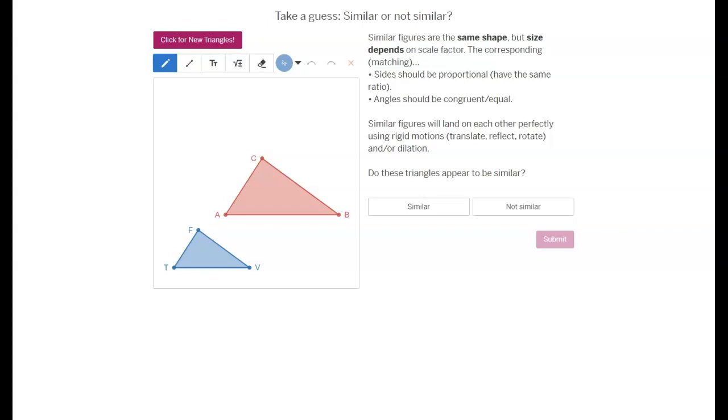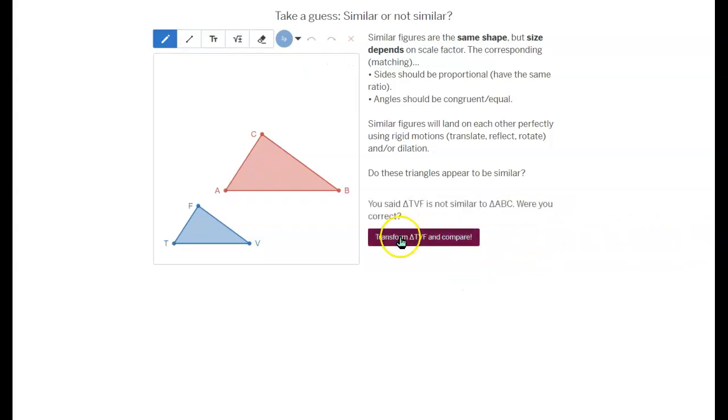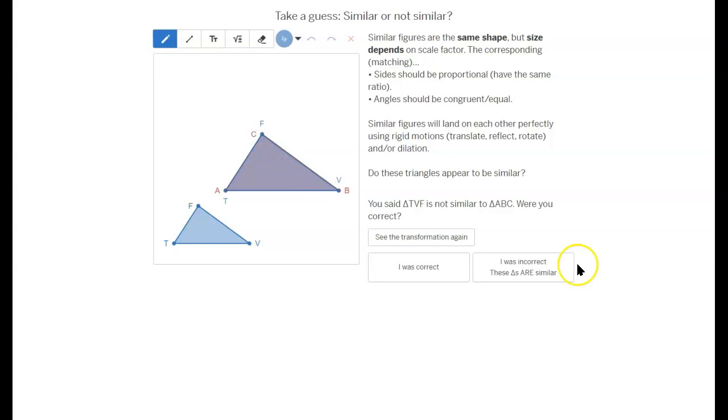So do these figures appear to be similar? Notice that you can check each one of them. We can look at this and say, no, I don't think that they're similar. And then we can submit it and watch what's going to happen right here in Desmos. It's going to let us check it out. Oh, guess what?